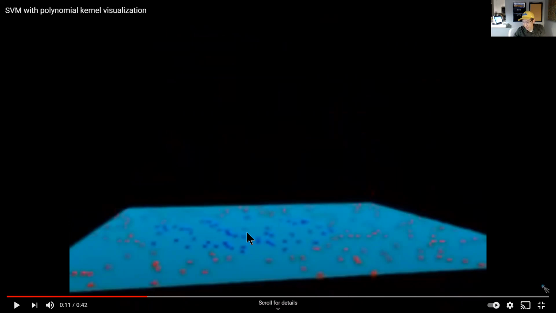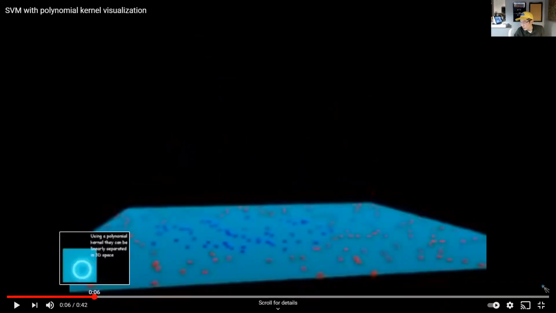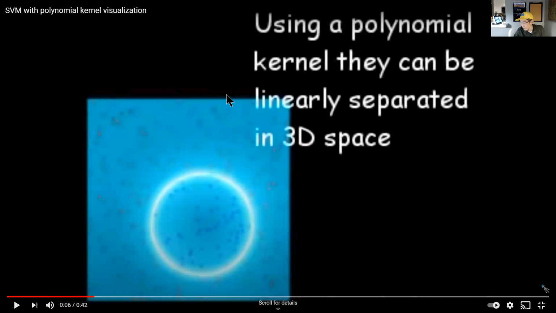So basically, the distance from the center, the origin, is going to determine how high they get projected. So dots near the center of this graph, let's say the origin will be here, will be low, and dots that are far from the origin will be high, right? So we're looking at x1 squared plus x2 squared.